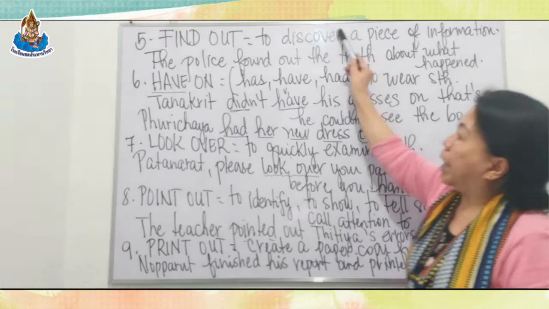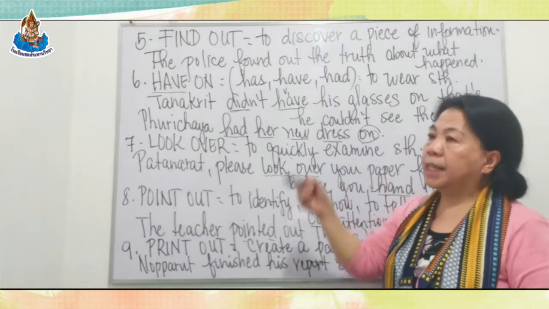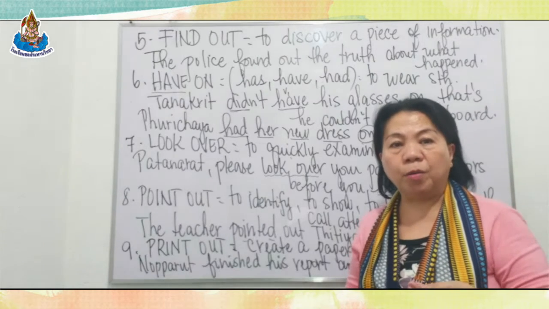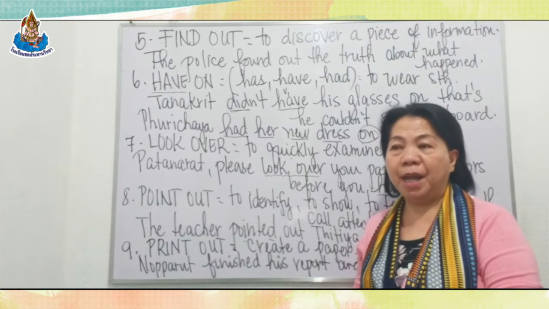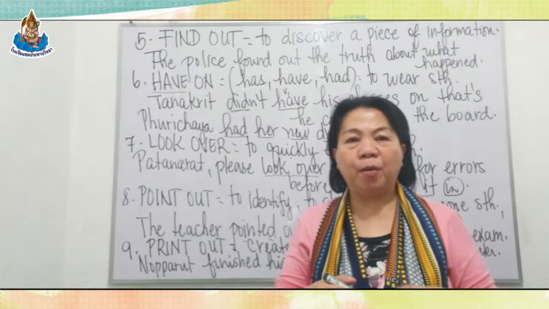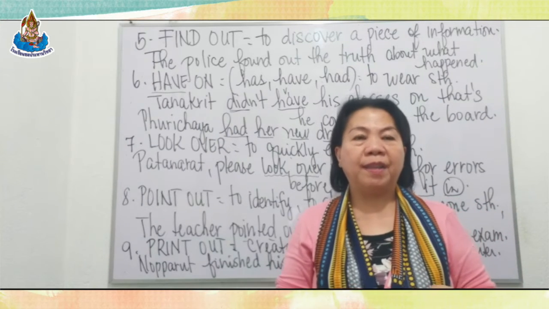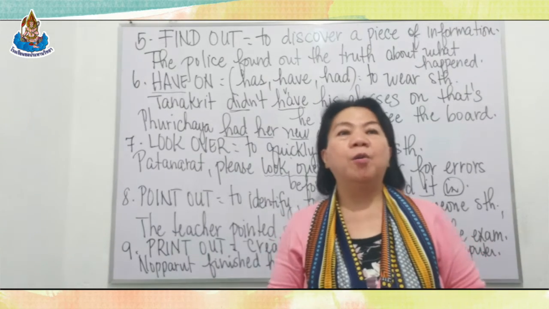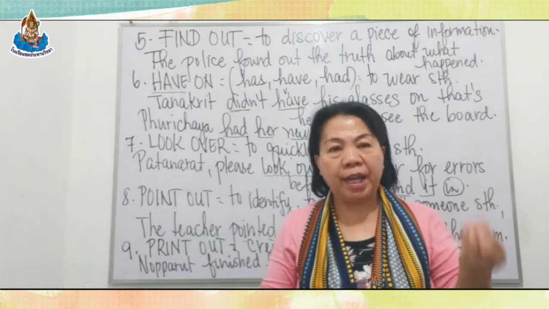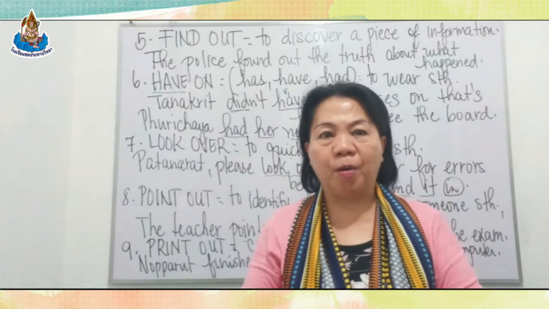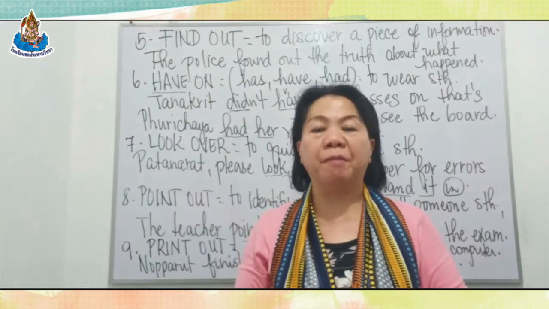If you were going to use it in a sentence, you would say, for example, I found out where she lives. Maybe that person had really wanted to know the address of the person whom he is trying to track down, so he tried to get that information.